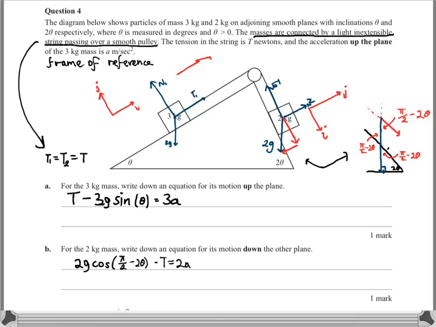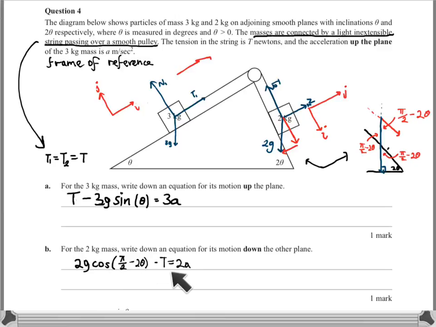Okay, and I get this for the component of my weight force that is parallel to its motion. That is this side. That's this red vector here. That's the adjacent side to the angle that's inside here. Okay, so angle being pi on 2, take 2 theta.